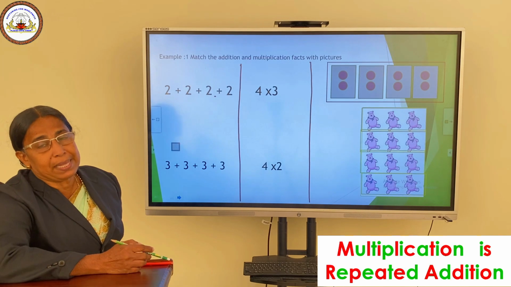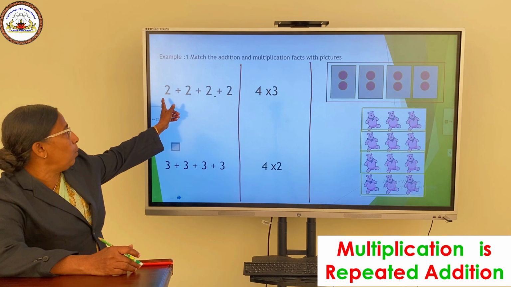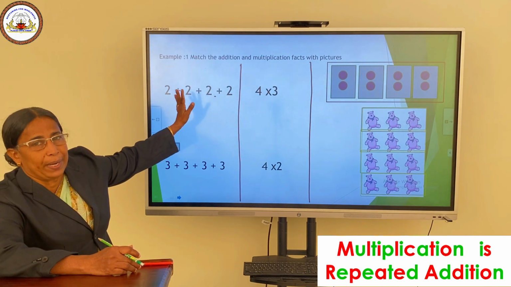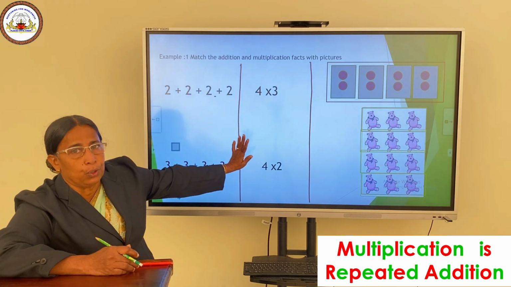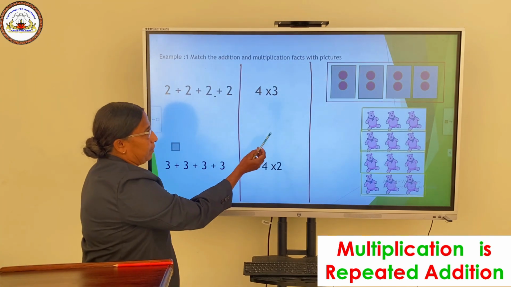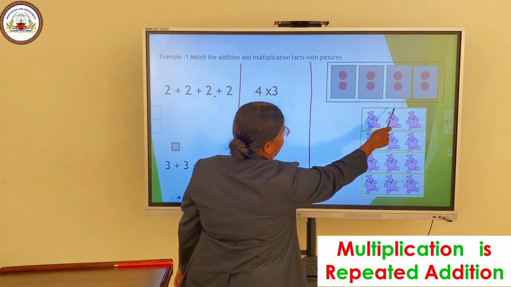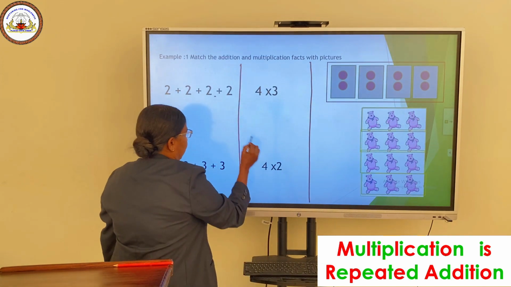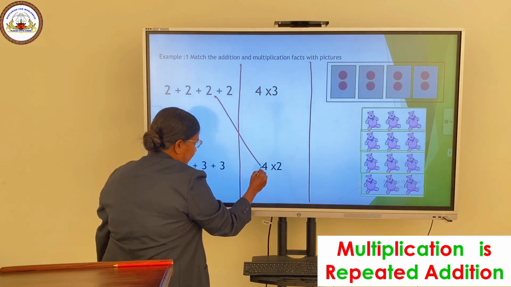Example 1. Match the addition and the multiplication facts with pictures. So first one, 2 plus 2 plus 2 plus 2. How many times 2 is repeated? 2 is repeated 4 times. That is 4 into 2. 4 into 2, its picture is first one, that is 4 times 2 circles each.